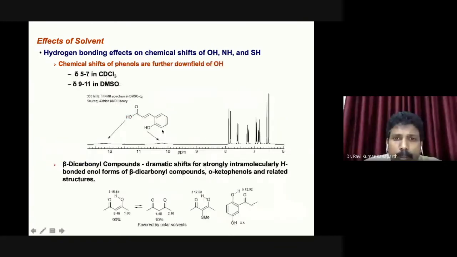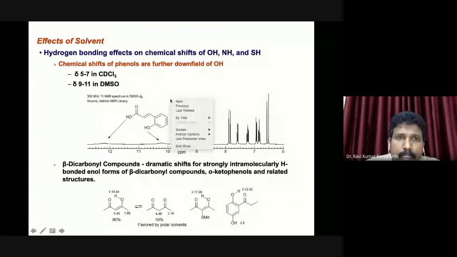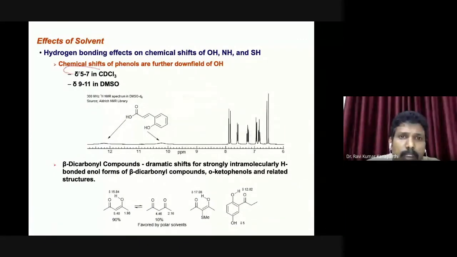And alcohol protons, for example the OH protons in alcohol, especially in phenols, are generally found at 5 to 7 ppm. That is the region, and again it depends upon the solvent. If it is in CDCl3, that is the range, and if it is in DMSO-d6, the chemical shift values are found at 9 to 11 ppm, right?